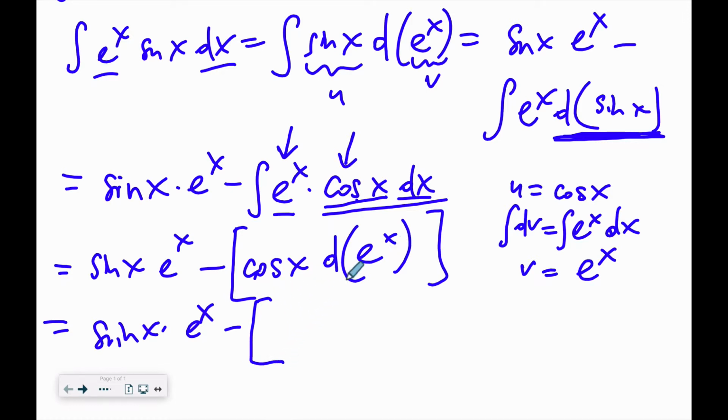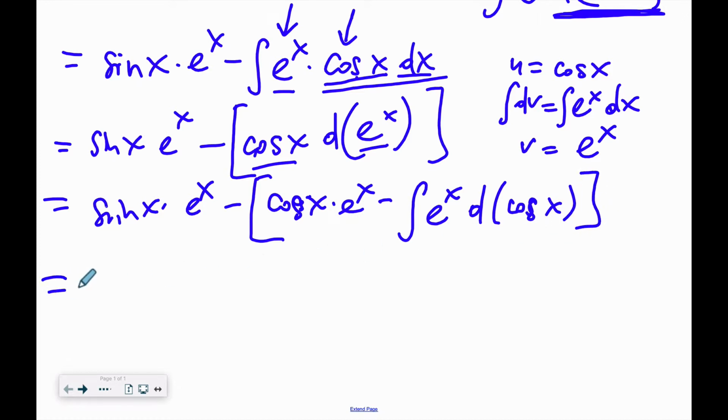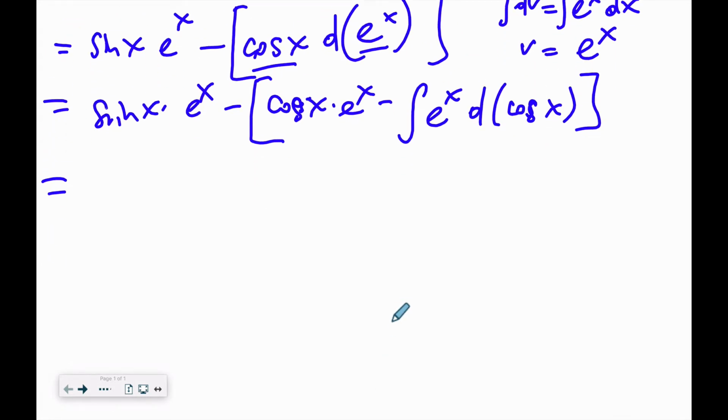So we'll have u times v, which is cos x times e^x, and minus the integral of v du. V du will become e^x, this is the v, this is the u, d cosine of x. Okay. So hold on here with me, guys. It will be more clear in a second.